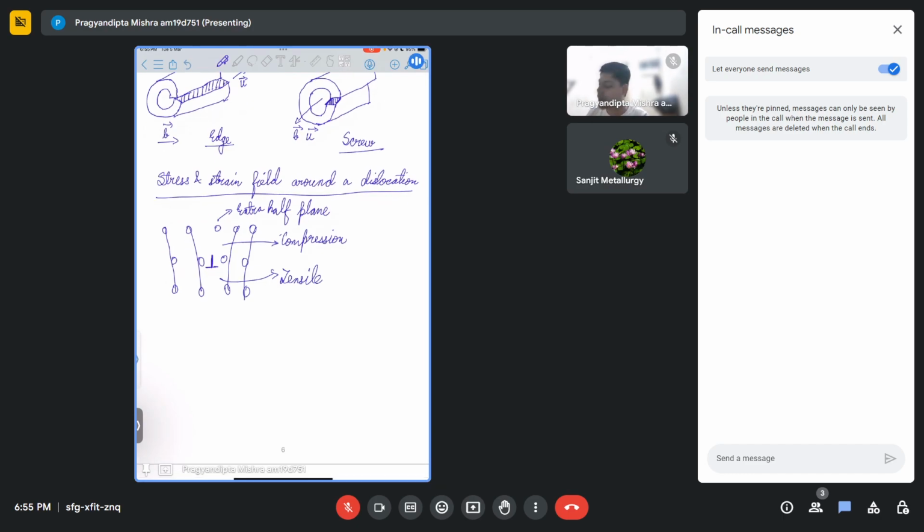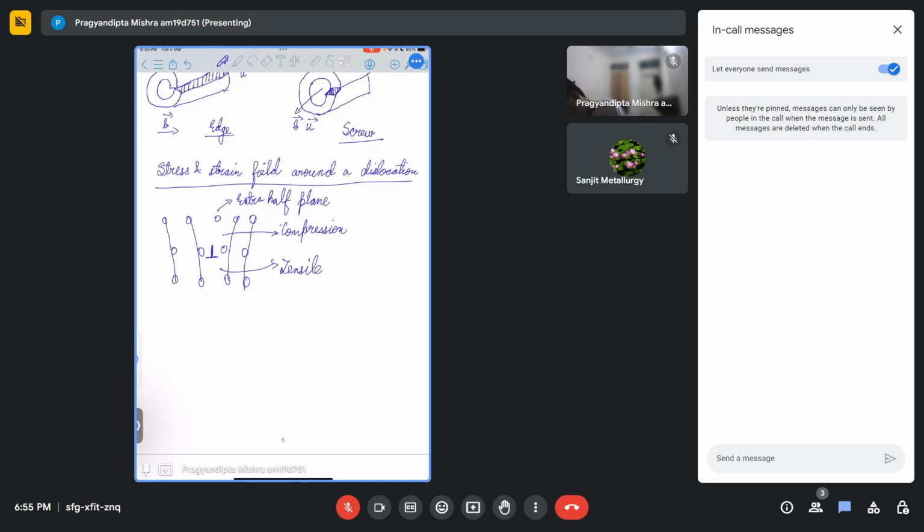Similarly in a screw dislocation, when we look at any material that has undergone a screw dislocation like this, the material has got sheared, right?